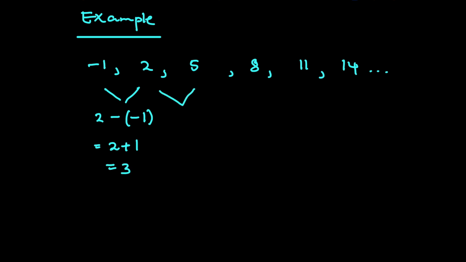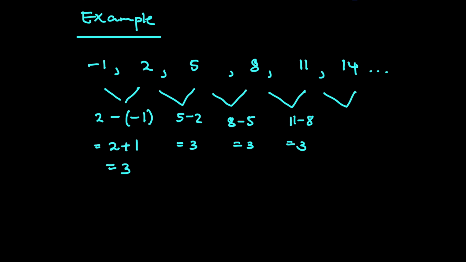Let's check these two: 5 minus 2 is 3. Let's check this one: 8 minus 5 is 3. And then 11 minus 8 is 3. So do you see that arithmetic sequence behavior is being confirmed here? 14 minus 11 is 3.